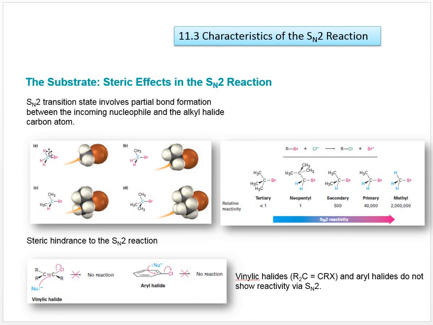But if you change one hydrogen to a methyl, or 2 hydrogens to 2 methyls, or even this tertiary, we are blocking the electrophile, and the nucleophile will not be able to approach because these bulky groups, big groups, are going to repel or shield the carbon. So OH, our nucleophile, if it is a hydroxide, will not be able to approach easily, so that will translate into higher activation energy.